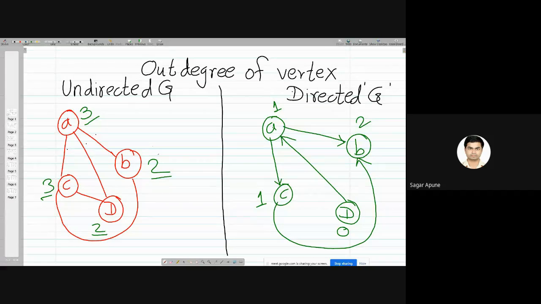So here in the directed graph, in the previous example, we have to calculate out degree of my vertex, right?